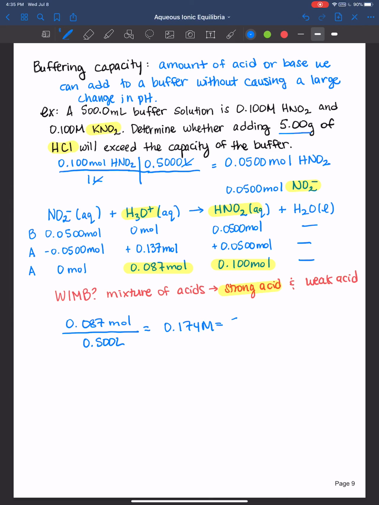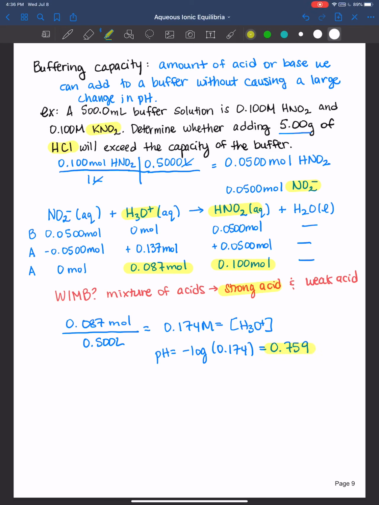This is equal to the hydronium ion concentration after the addition. The pH is equal to the negative log of 0.174. That is 0.759. That's extremely acidic.